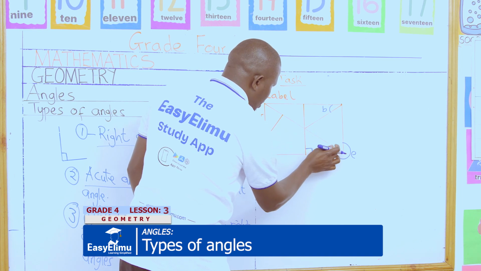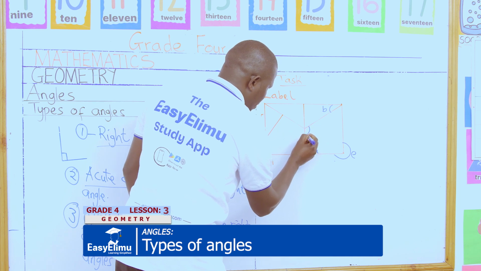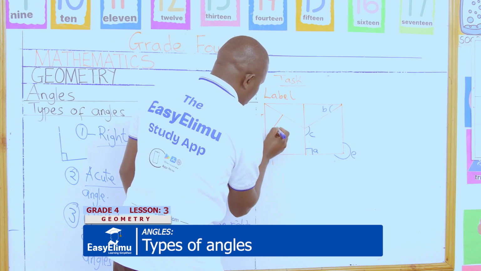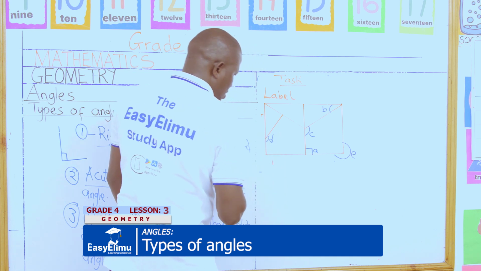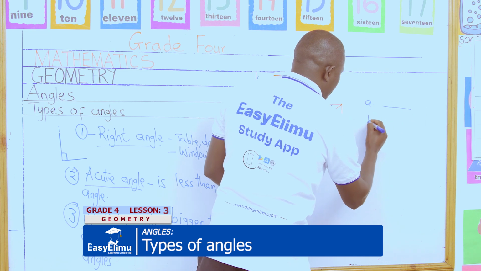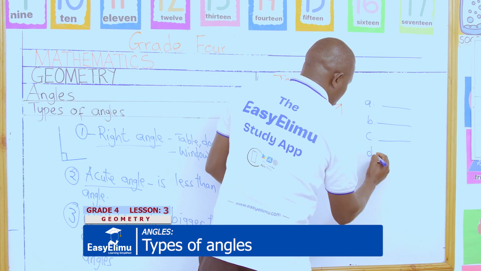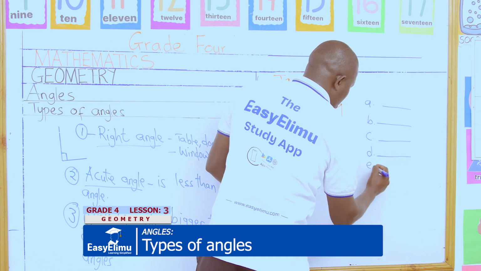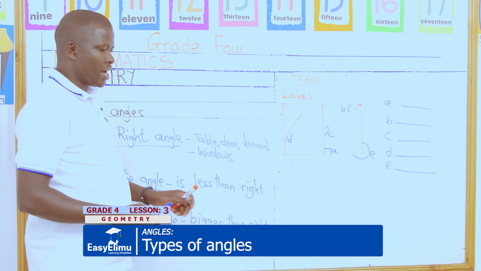This line wasn't here. We have this angle here, angle C. We also have another angle here, angle D. These are the angles. So can you label A? What is the name of A? B, C, D, and E. Identify those angles from what we have learned today.